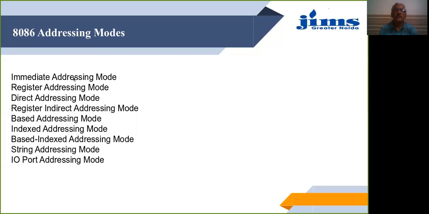These addressing modes are the immediate addressing mode, register addressing mode, direct memory addressing mode, register indirect addressing mode, the based addressing mode, the indexed addressing mode, a combined based and indexed addressing mode, string, and the IO port addressing mode. Let us discuss each of these addressing modes in detail one by one.